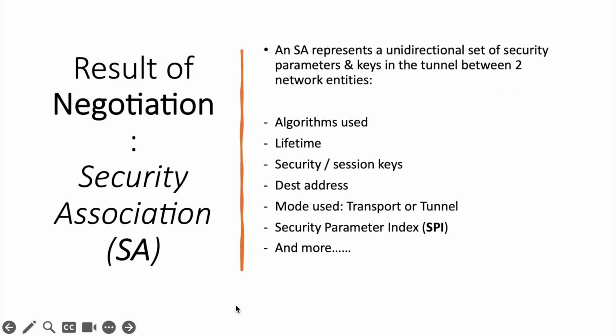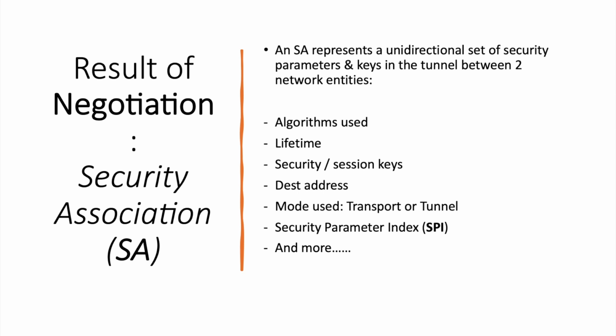I forgot about this slide. So the result of step 1, the result of negotiation, is a security association. That rhymes. A security association represents a unidirectional set of security parameters and keys in the tunnel between the two network entities.